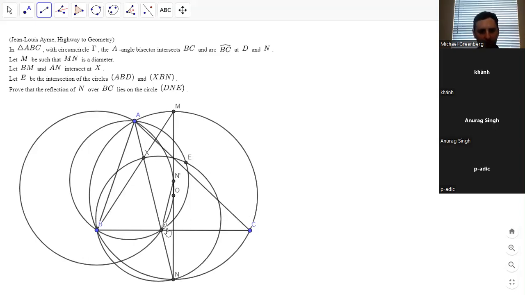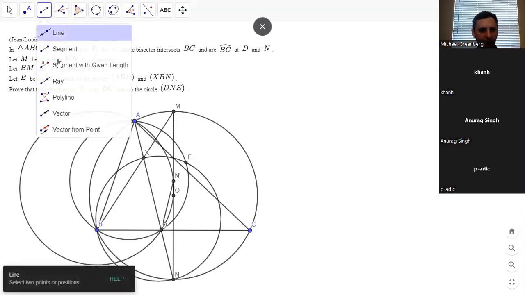I wonder, how do we find angle DEN prime? That is the key. Or DEN prime, either one. I wonder, what if we try this?